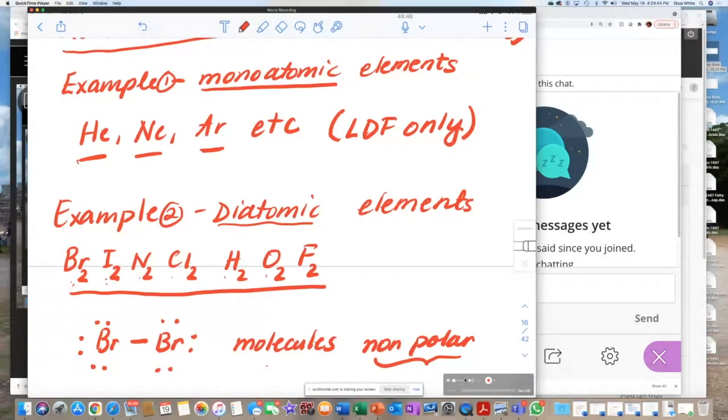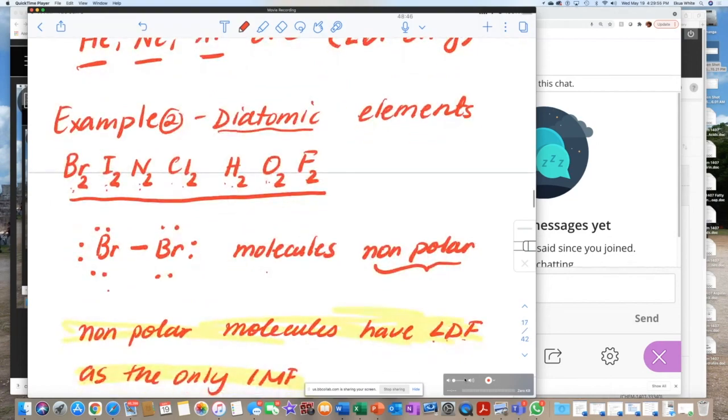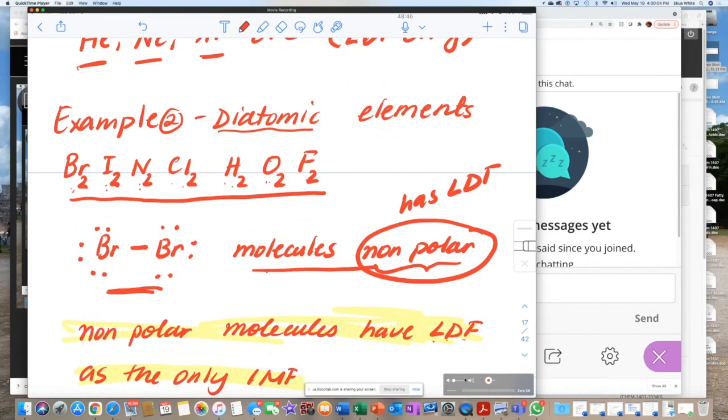This is bromine, iodine, nitrogen, chlorine, hydrogen, oxygen, fluorine. These are diatomic elements that exist as diatomic molecules in nature. So when I draw the Lewis structure here, you can see this molecule is nonpolar. Any molecule that's nonpolar has London dispersion force only.